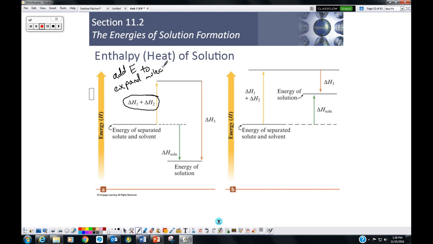And saying molecules there is maybe a little bit of a misnomer, but I think you get what I mean. We're either going to separate the ions or we're going to overcome some intermolecular forces. Now, so we add that energy in, and then we come over here to this line. This line is the heat of the solution.